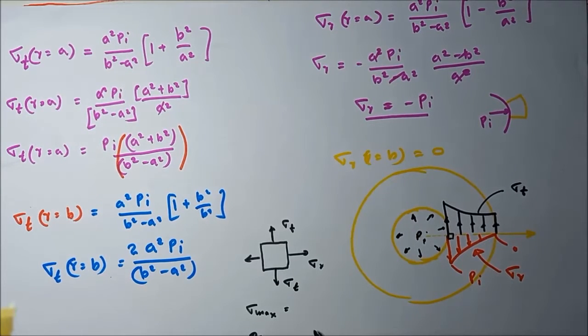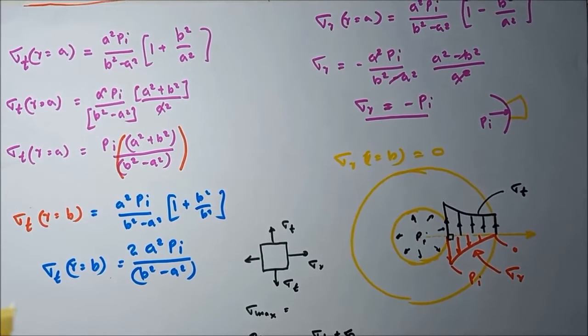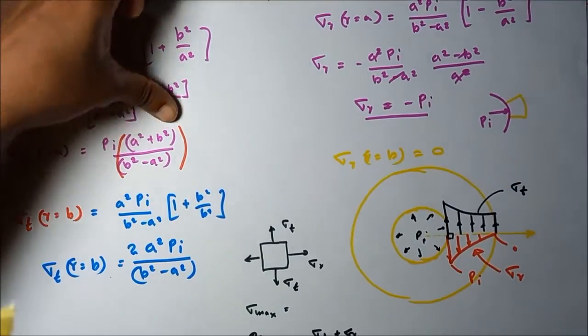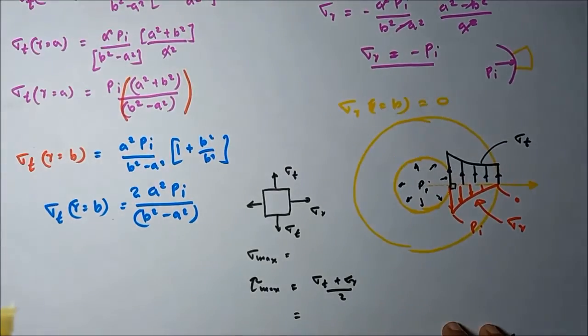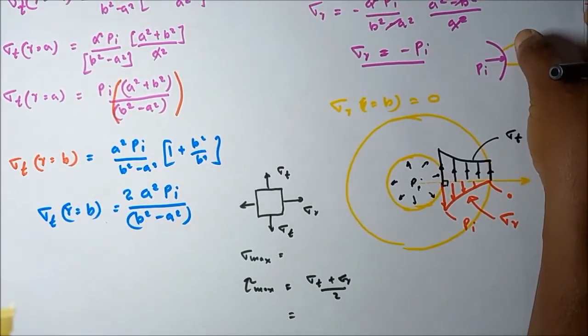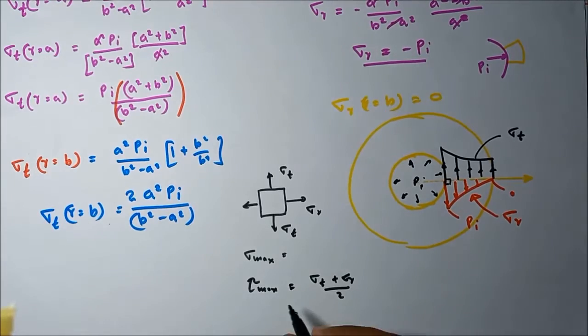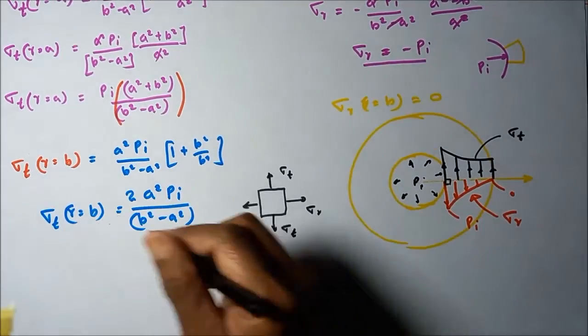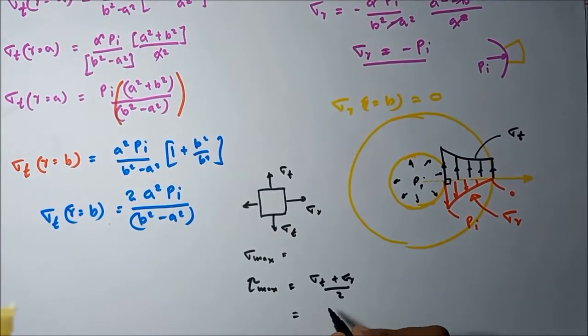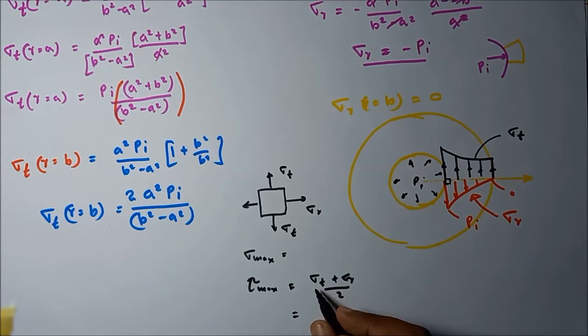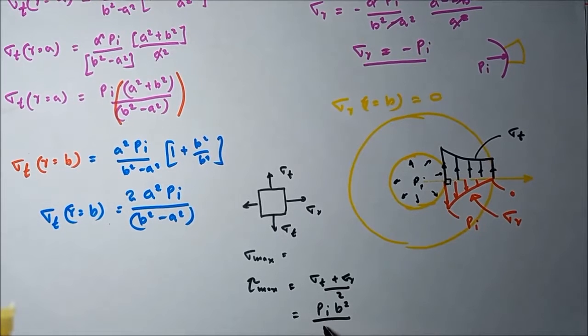The tau maximum is equal to sigma t plus sigma r divided by 2. If we substitute these two values in this equation, I will directly write the answer: pi b square divided by b square minus a square.